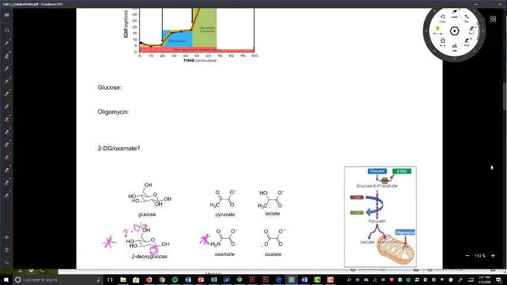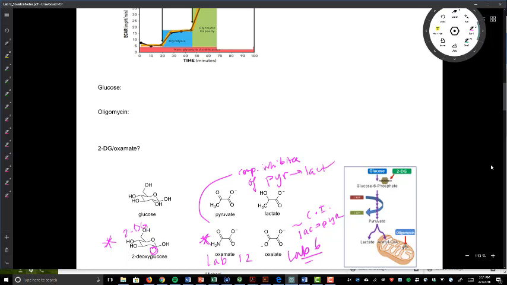So in the kinetics module, we used oxalate as an inhibitor, but for this lab, we're going to be looking at oxamate. Whereas oxalate was a competitive inhibitor of the lactate to pyruvate reaction, oxamate is a competitive inhibitor of the pyruvate to lactate reaction.